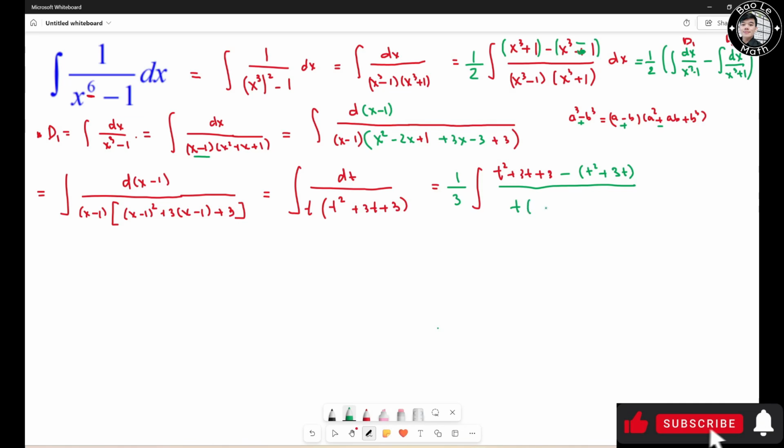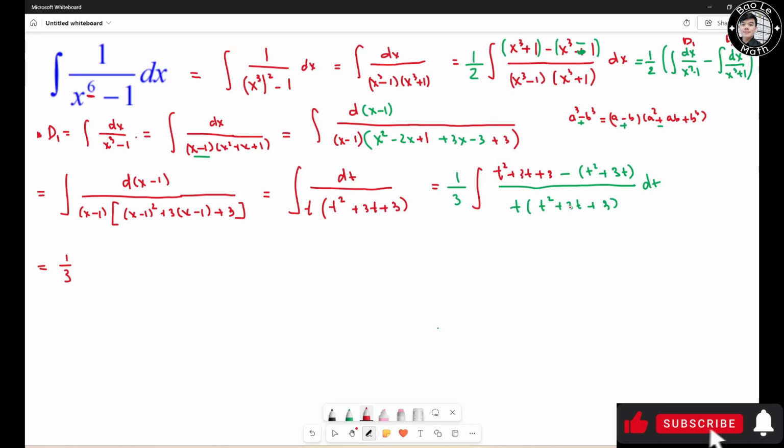Over t times t squared plus 3t plus 3 dt, right? Now I'm going to split this up. So this one turns out to be 1/3.